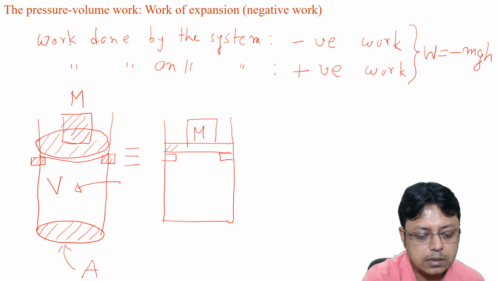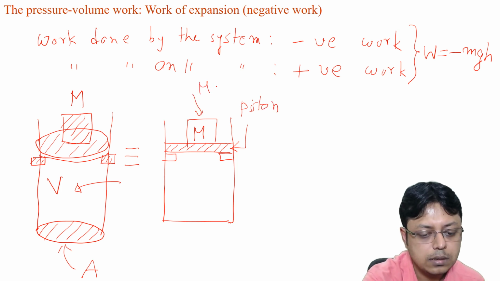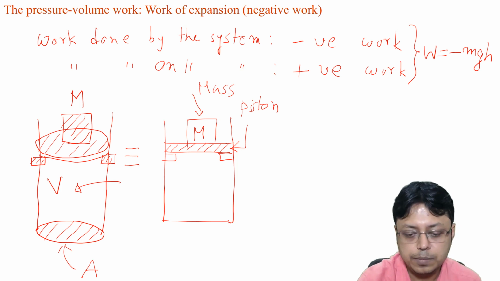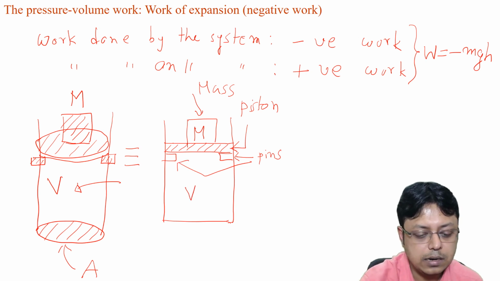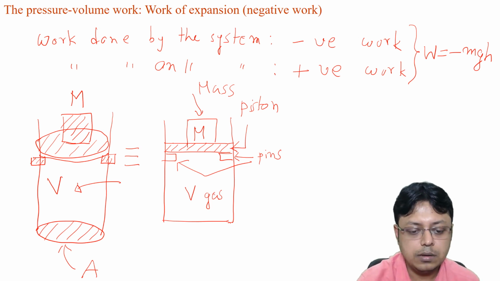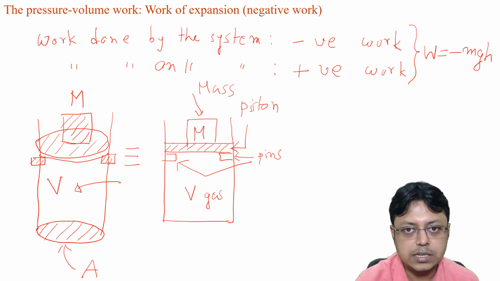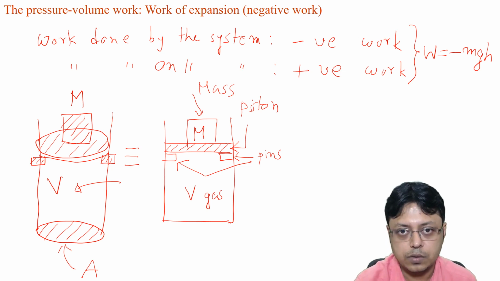So this is the piston, and a mass is kept on the piston, and there are two pins which hold this piston, and the gas has a certain volume. So this is our system. The rest of the universe which is outside this system is called the surroundings.